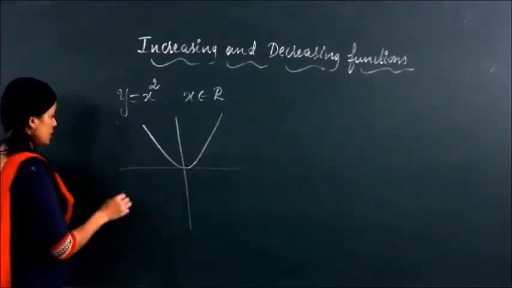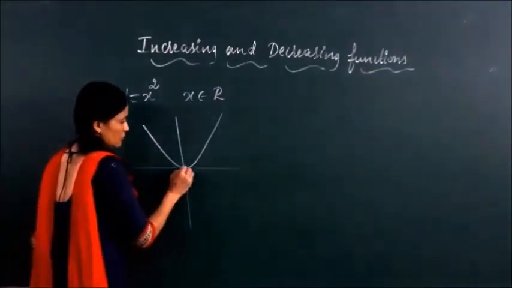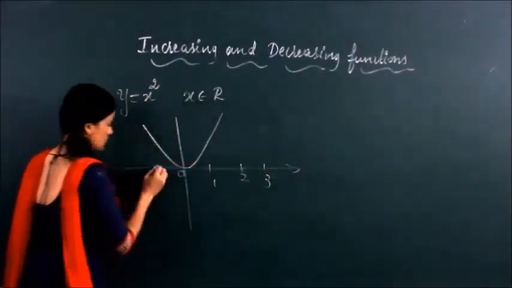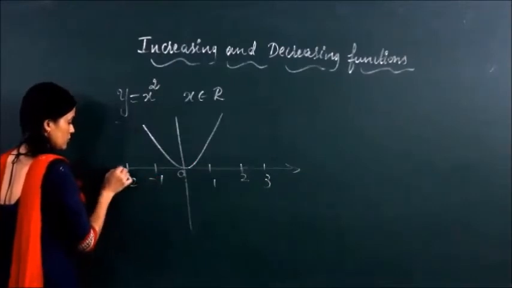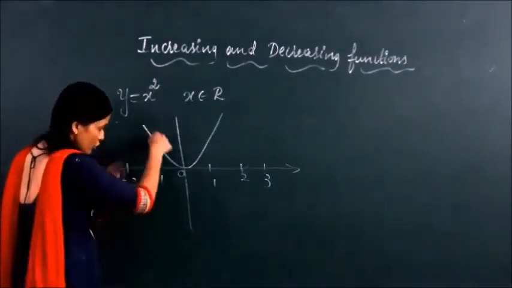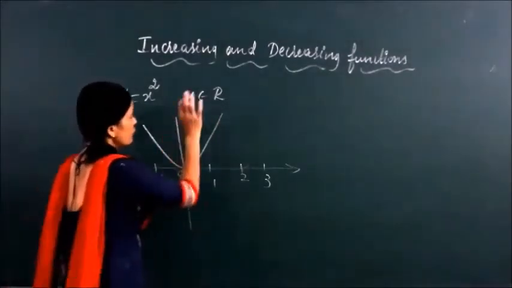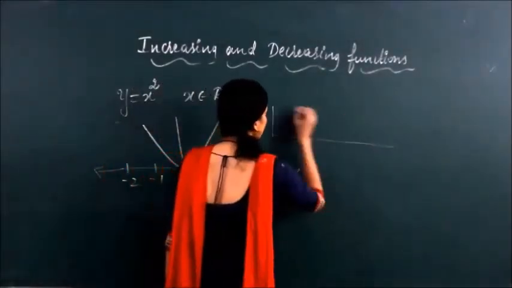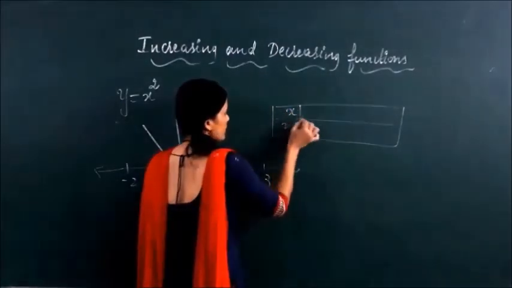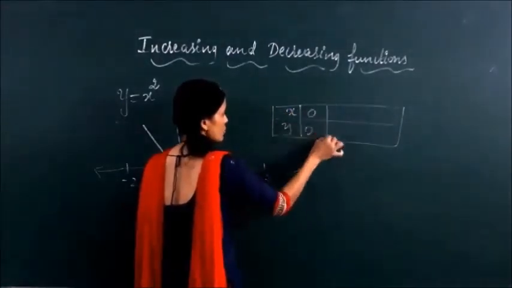You know how to plot the graph. So if I want to get this graph, I have to give different values for x, isn't it? So here, when x is 0, y is also 0.